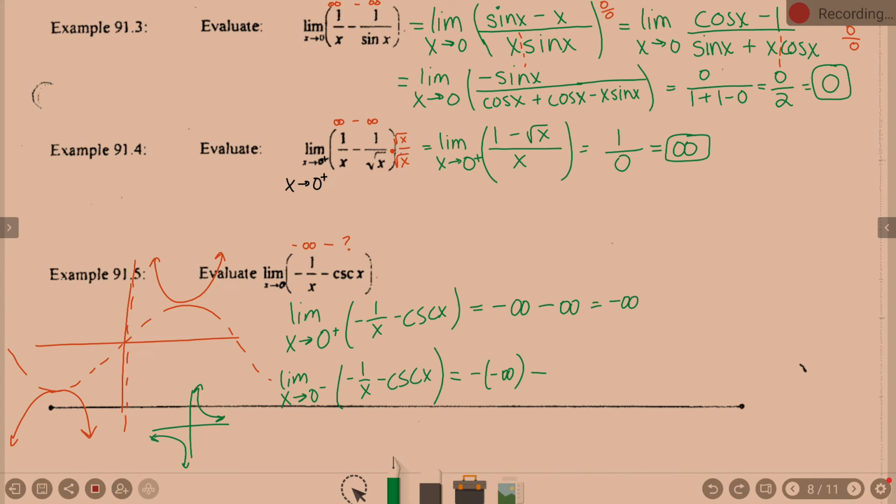It's going down as well. So that's minus negative infinity again. That really ends up becoming infinity plus infinity, which is just infinity, right? But it is positive infinity as opposed to negative infinity. So my limit from the left and my limit from the right are not the same. So thus, the limit does not exist.